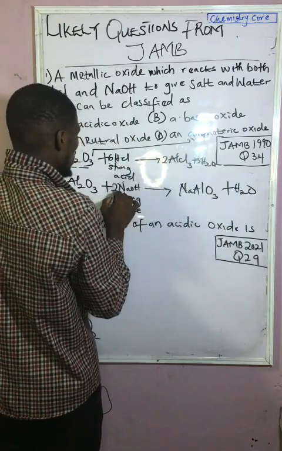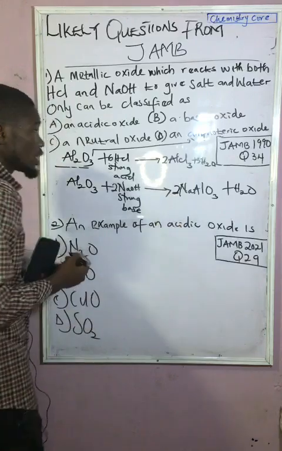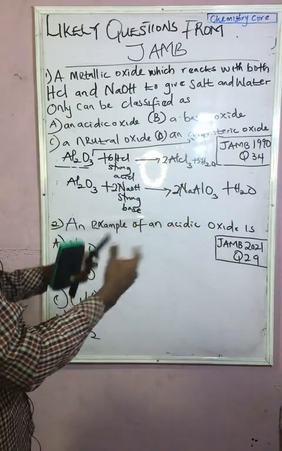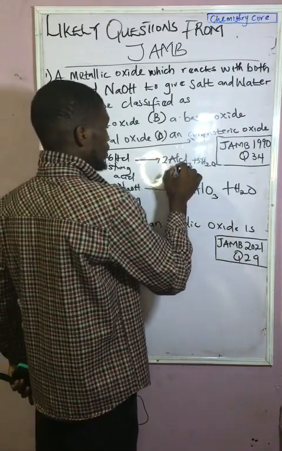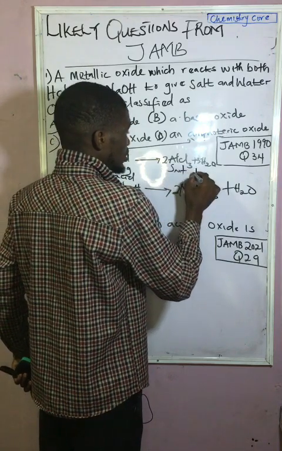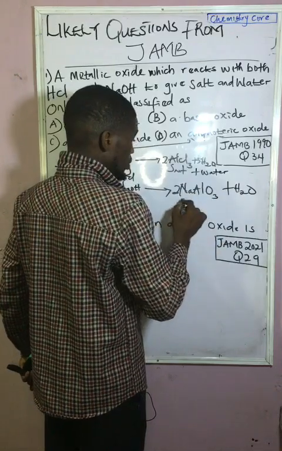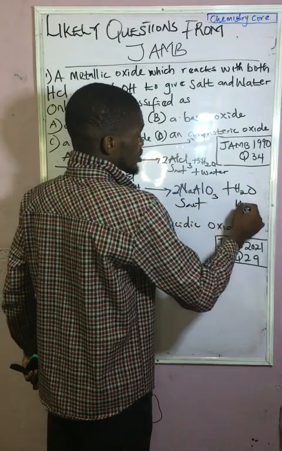So if I'm adding 2 to this, don't forget our aluminium is what? 2. Add 2 to this. So now class, when you check both sides, you can see we are having a salt here, and what? Plus what? Water, according to what you are given in the equation. So we have salt plus what?